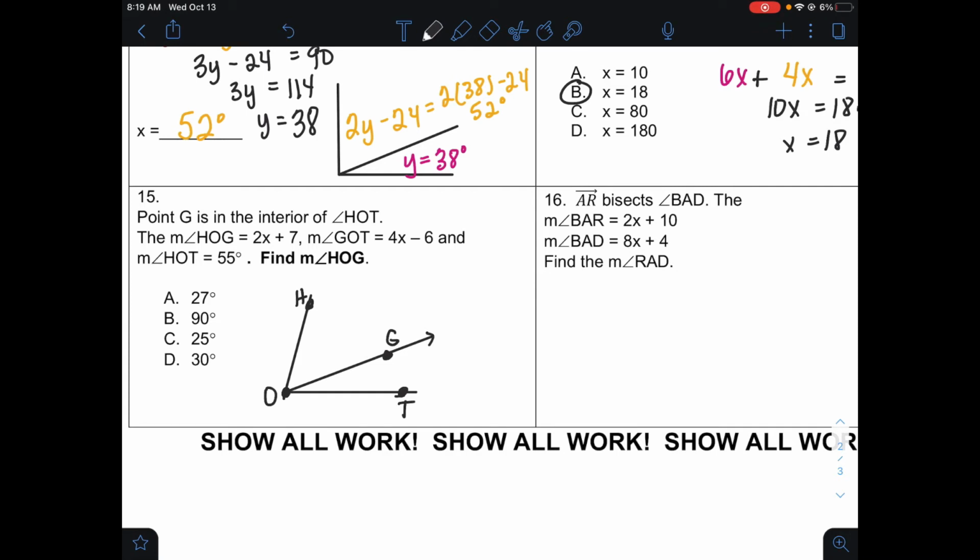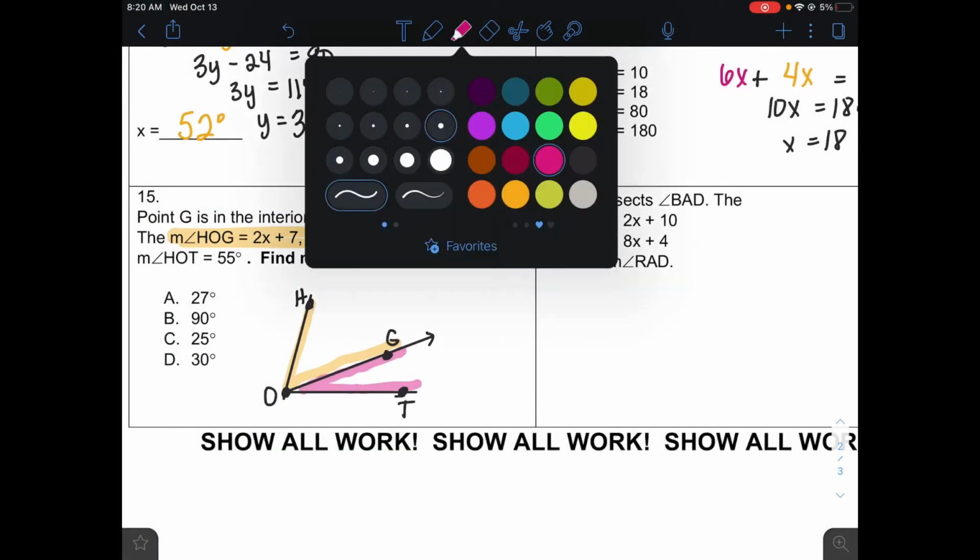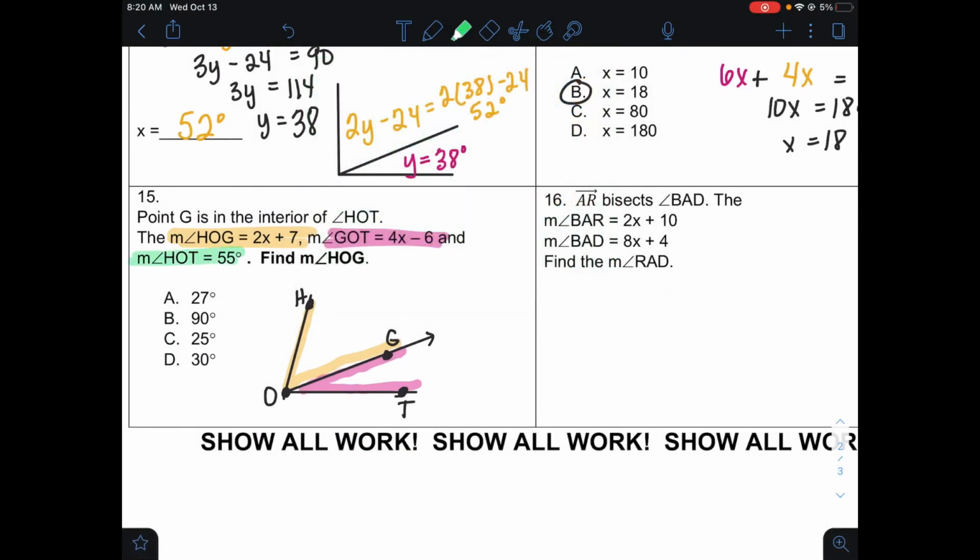Okay, so there you go. And it says that HOG is this one, and GOT is this one. All right, and then the whole thing is 55 degrees.